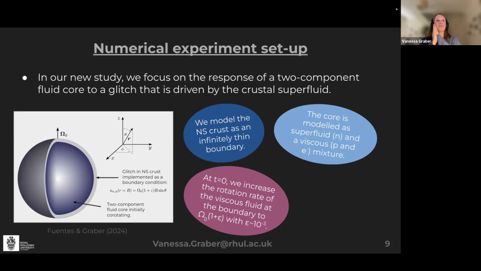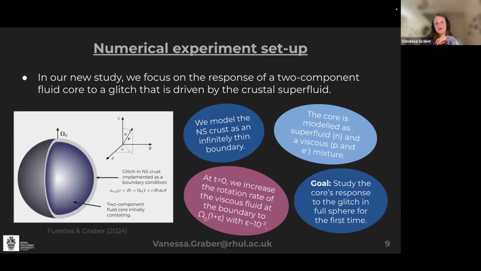So every single data point that I'm going to show you in a bit took between a day and a week to produce. So it would have been impossible to do this study with a realistic value of epsilon. But the goal of the study was really to try and figure out what the response is to this instantaneous glitch for the full sphere for the first time.